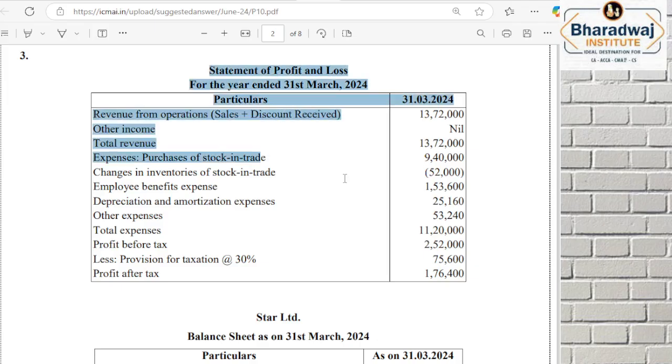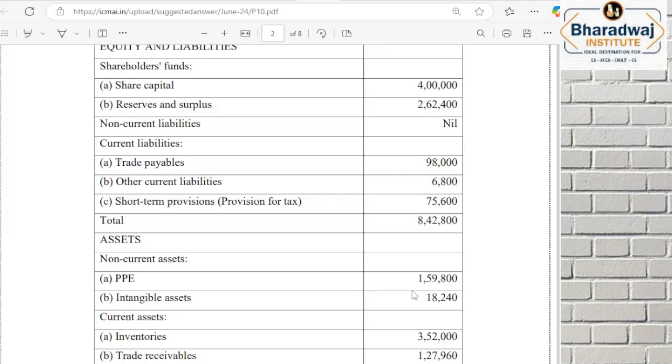Pause and try this if required. And this is the answer for the balance sheet.